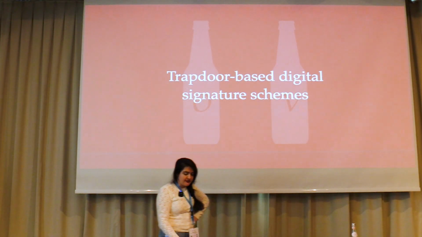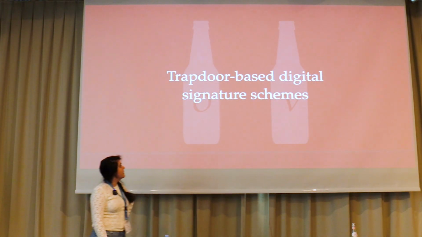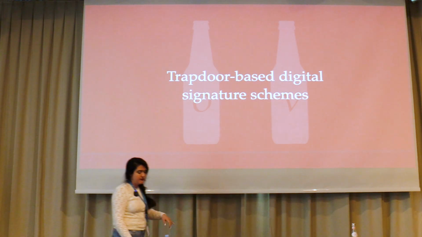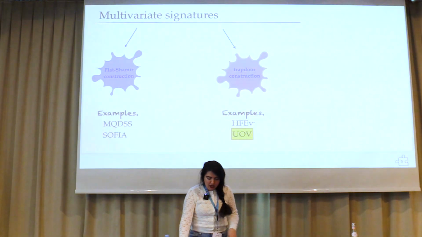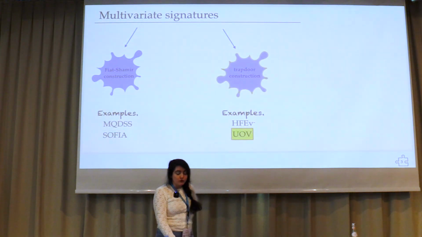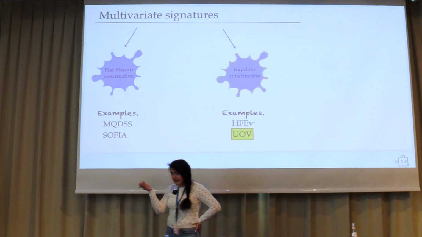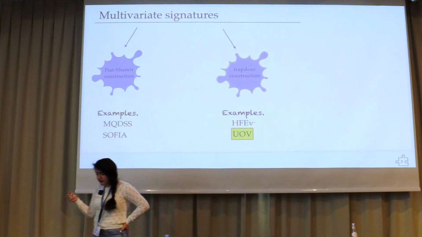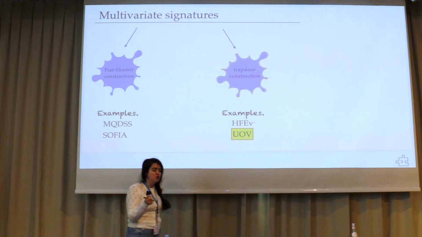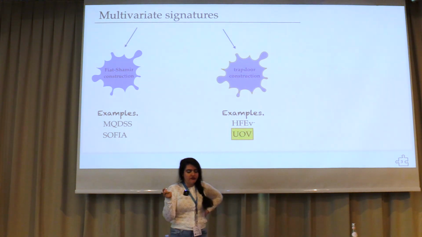Okay, so first, as I said, trapdoor-based digital signatures. Currently, UOV is the most relevant example there. For multivariate signatures, if you look at the design part, we like to divide them into 2 categories.